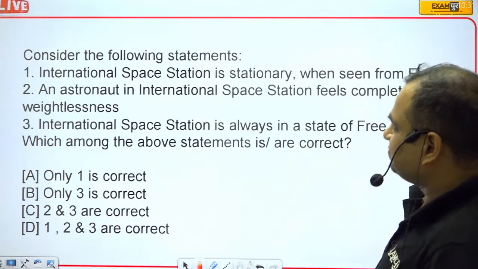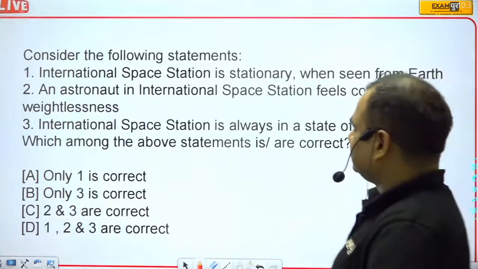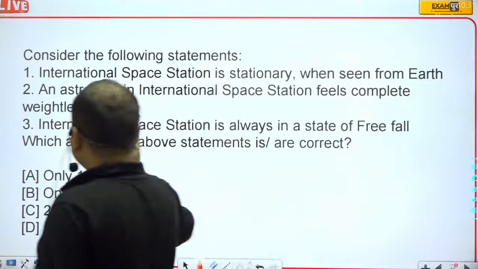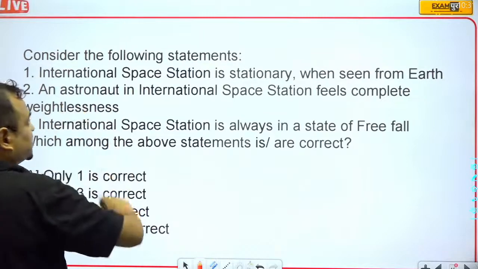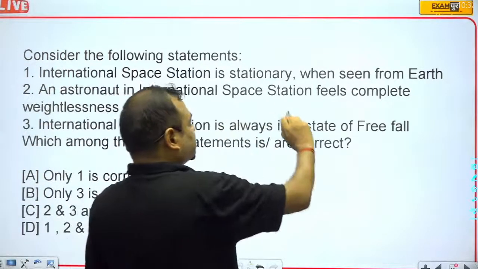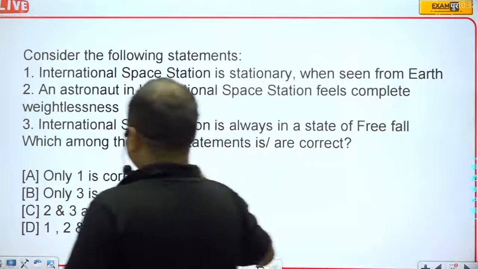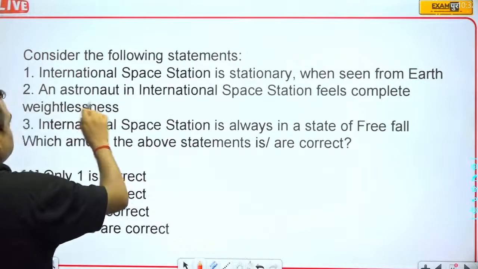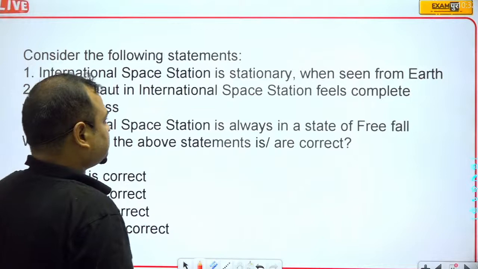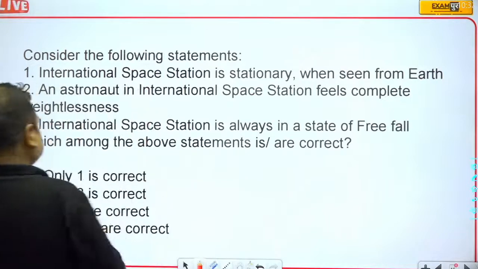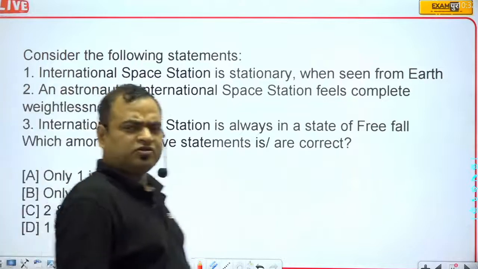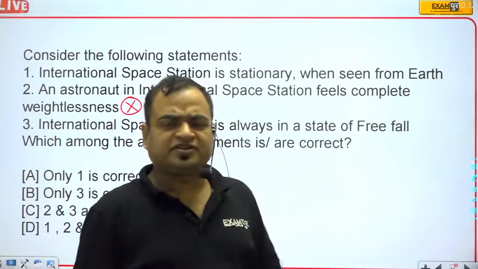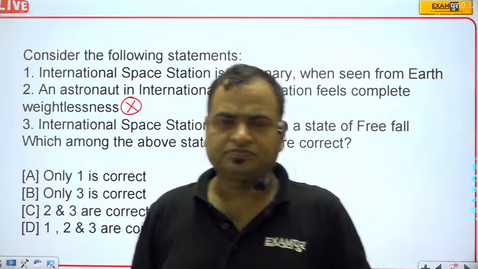Consider the following statements. First, the International Space Station is stationary when seen from Earth. Second, an astronaut in the International Space Station feels complete weightlessness. This is a very good question actually. Complete weightlessness is incorrect, because complete weightlessness cannot be felt.